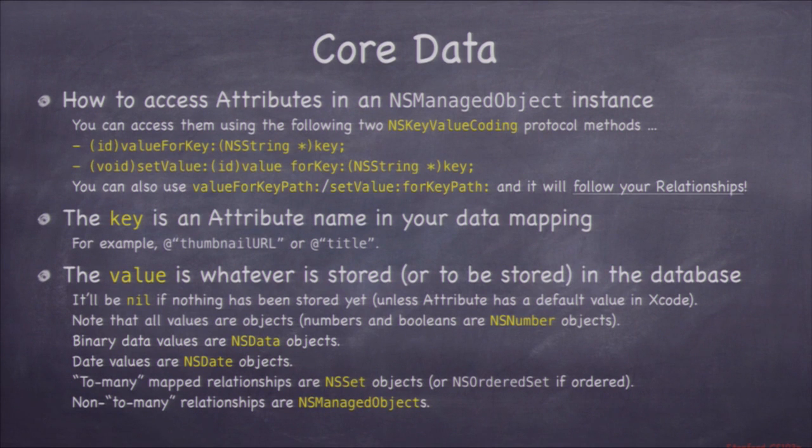You can also set, using set value for key, the relationships. So if you had a photographer, which maybe you inserted with that entity description thing, so now you have a photographer as well, you can just say the photo set value, the photographer, for the key "who took". Now, what's really interesting is that if you set that value who took, the photographer's photos set will automatically be updated.